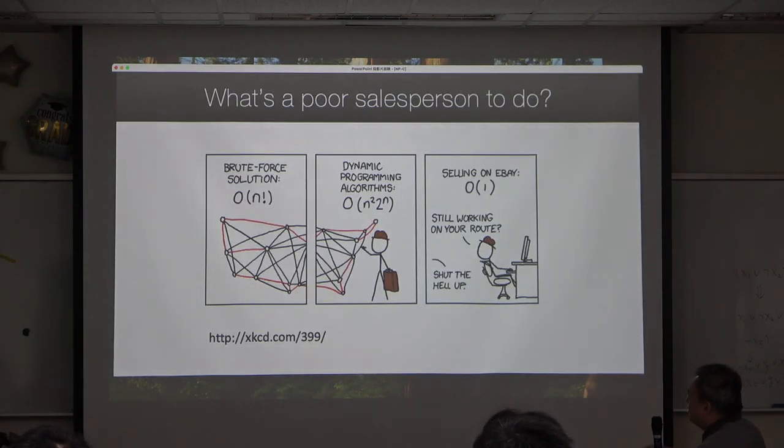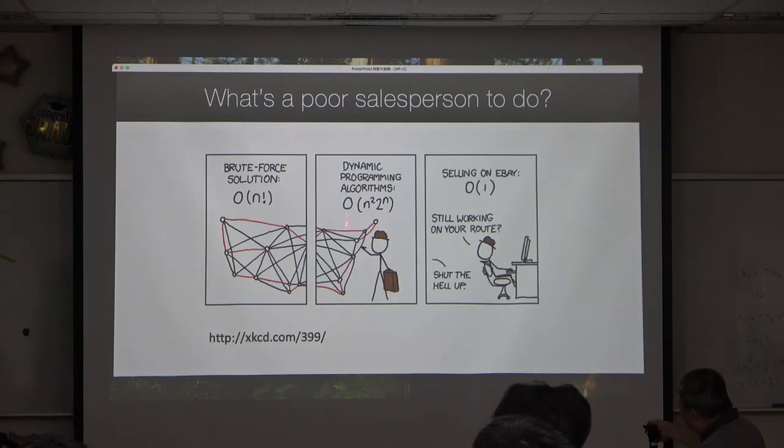This is a comic. We know this takes a long time to solve. The brute force solution is n factorial, and it's very, very bad. If you use dynamic programming algorithms, you try to reduce it, but it's still exponential, right?